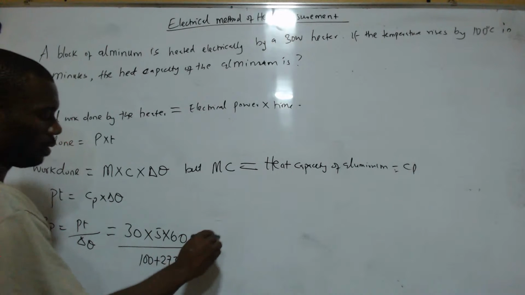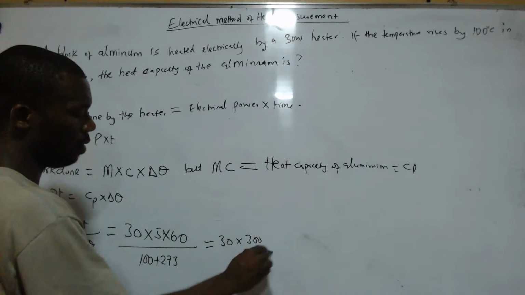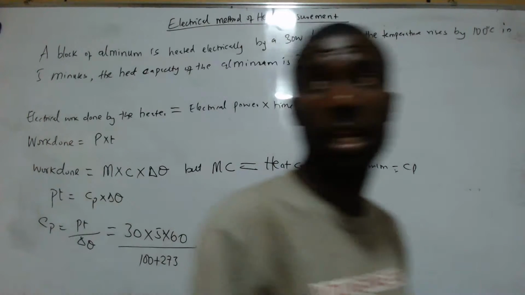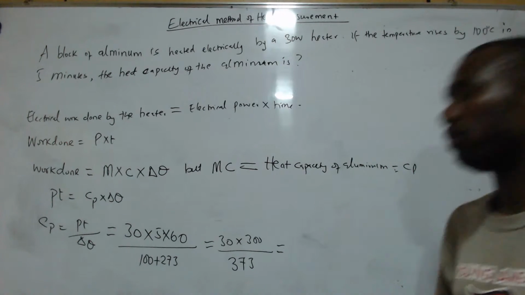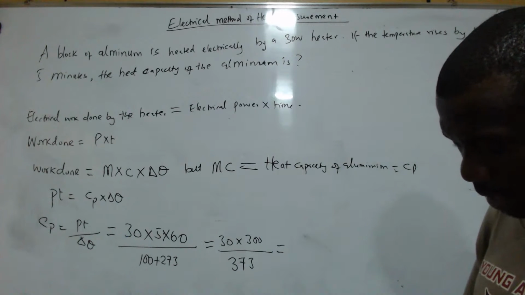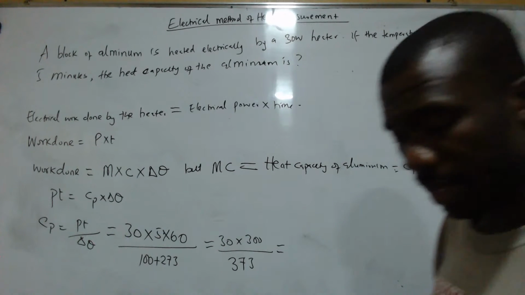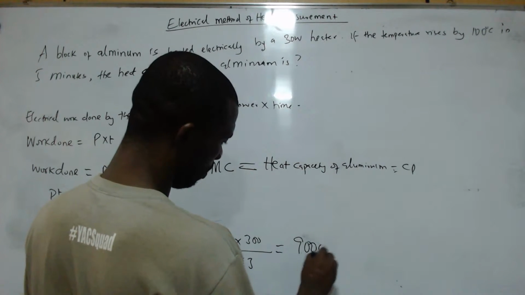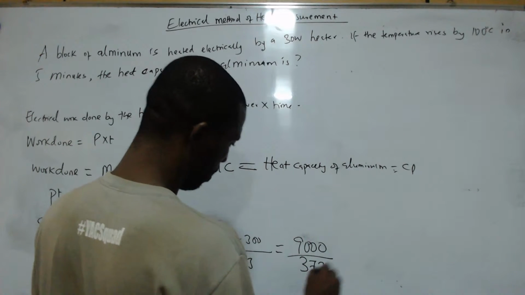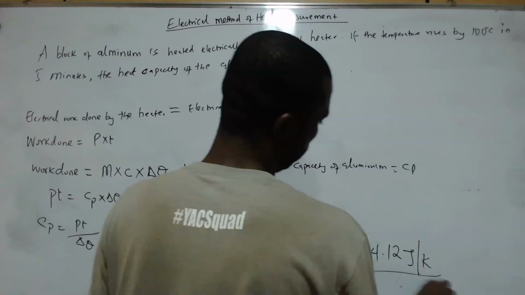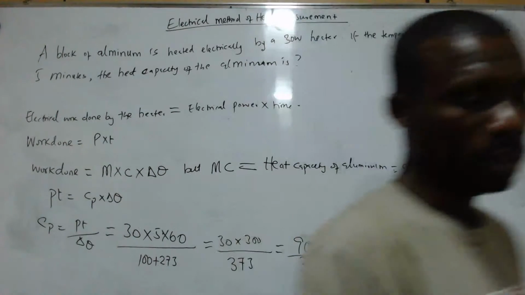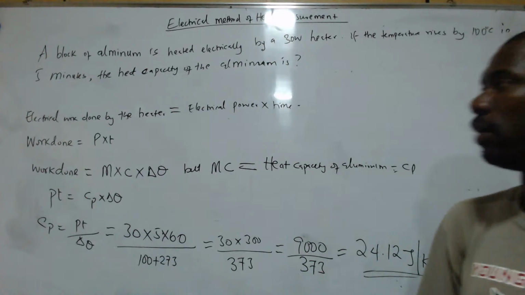So this will give us 30 times 300 all over 373. We have 30 times 300, which is 9,000, divided by 373, and this is work and this is temperature, so joule per Kelvin. So that is a typical example of what we are doing.